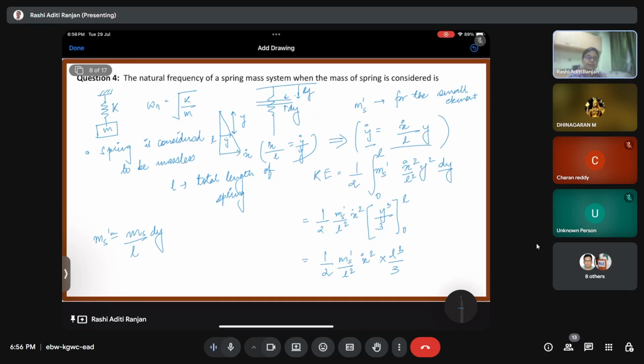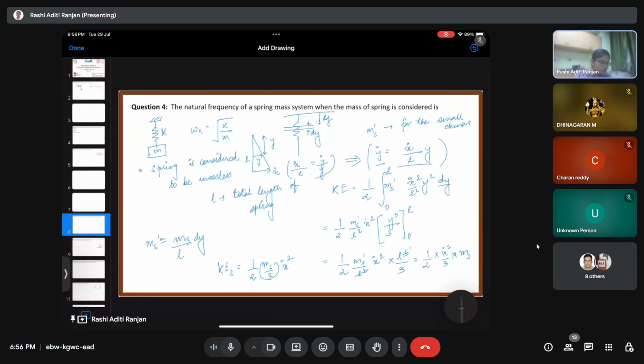Okay, something like this. So now if we write m dash s, we'll get half. This L square, we'll cut this and there will be 1 only. X dot square by 3, and we know that m dash s into L is nothing but m s, right? So the kinetic energy for my spring is half m s by 3 into x dot square.